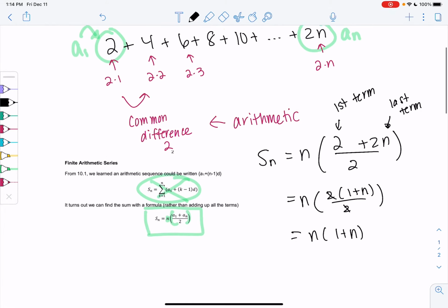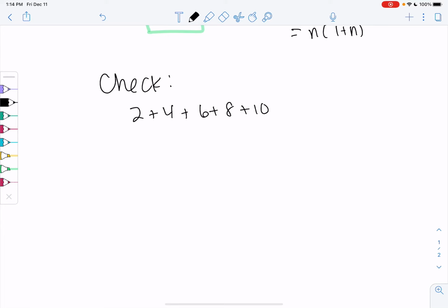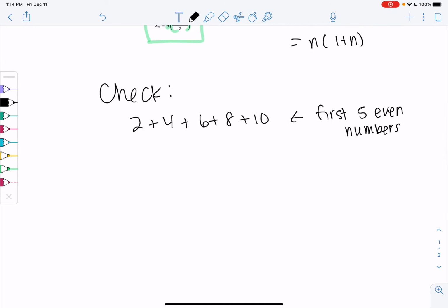So let's check that it works. Let's say we do 2 plus 4 plus 6 plus 8 plus 10, the first 5 even numbers. Let's add them up normally. 2 plus 4 plus 6 plus 8 plus 10, we get 30.